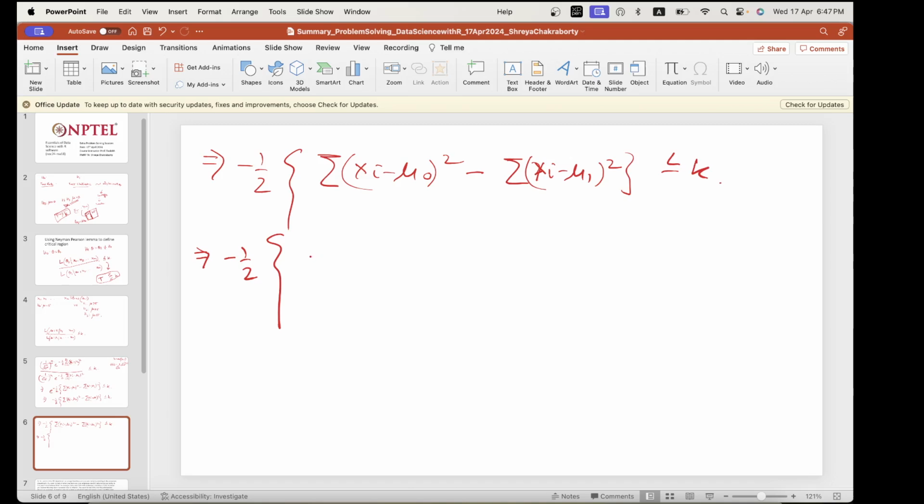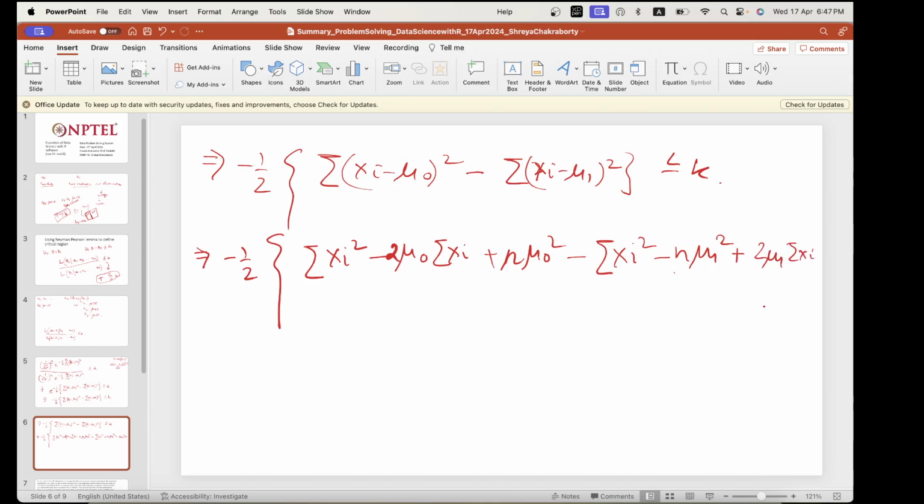Minus half [summation xi square minus 2 mu naught summation xi plus n mu naught square, minus summation xi square, minus n mu1 square, and then what do we have? Plus 2 mu1 summation xi]. Alright, this should be less than or equal to k.